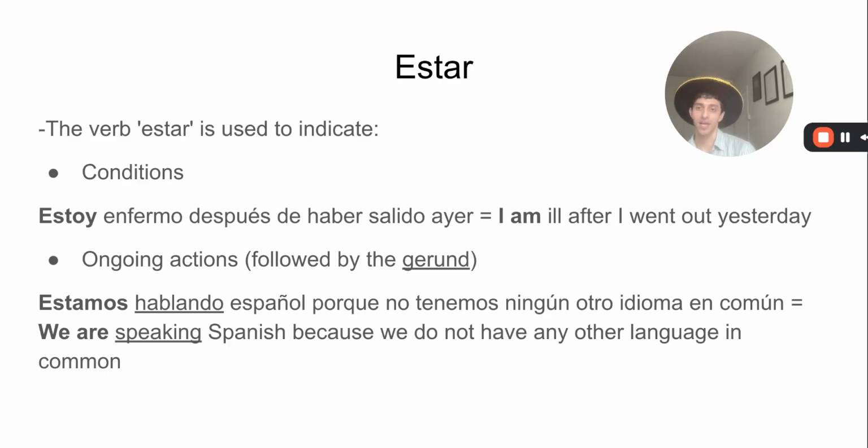Here, estamos hablando is the present progressive or present continuous tense, formed of estar in the present tense, the nosotros form, followed by the gerund, hablando. So estamos hablando translates as we are speaking in English. Hablamos is more like we speak, used to indicate regular actions or generalities rather than something that's ongoing or happening at this particular moment.